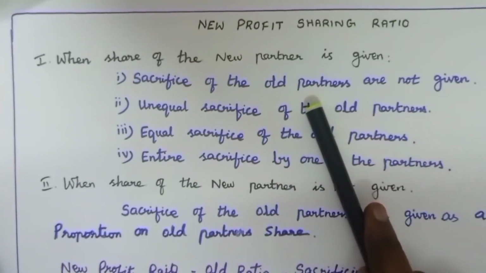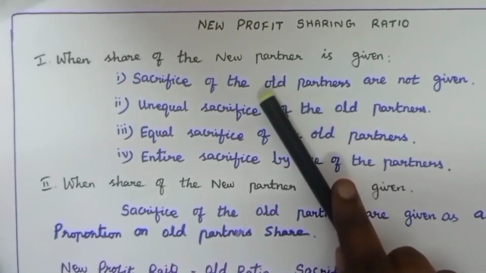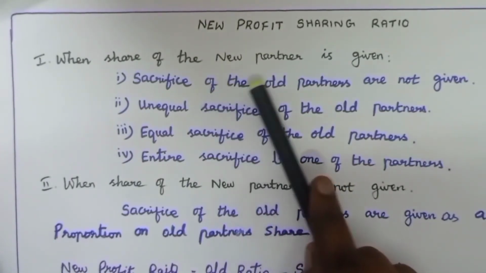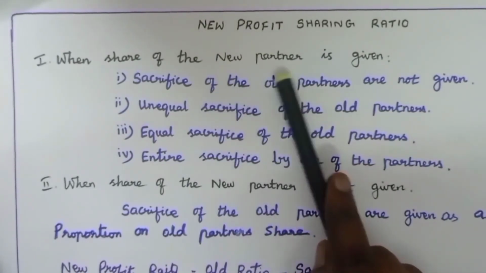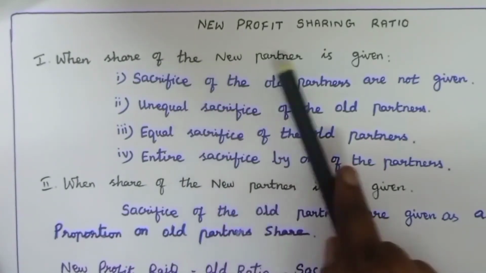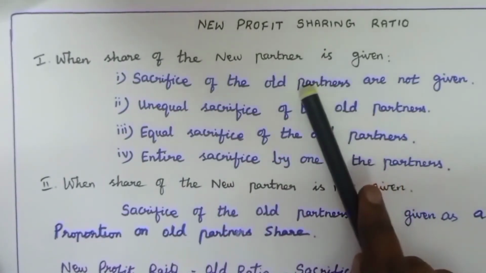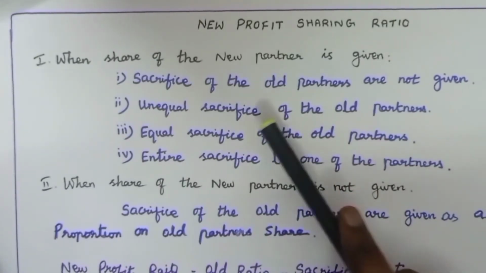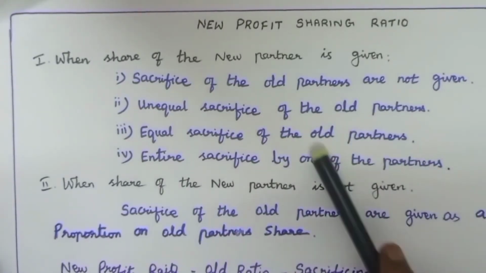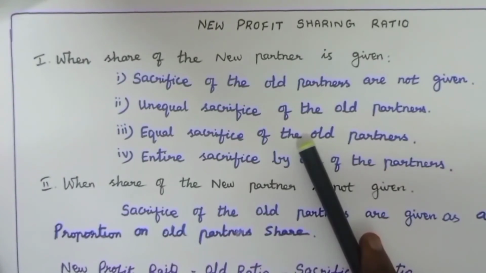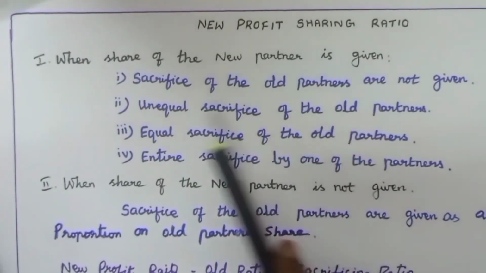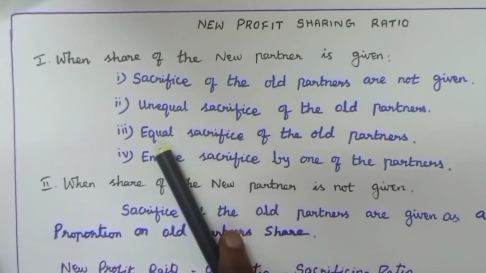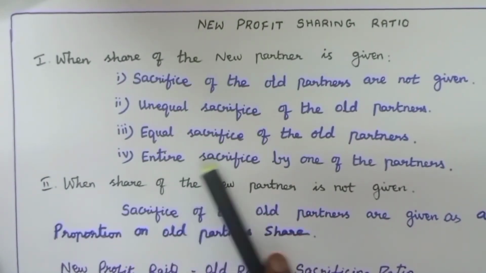First step, you need to determine whether share of new partner is given in the problem or not. If new partner share is given, next step, you have to identify sacrifice made by the old partners. The sacrifice may be unequal sacrifice, equal sacrifice, and entire sacrifice by one of the partners.